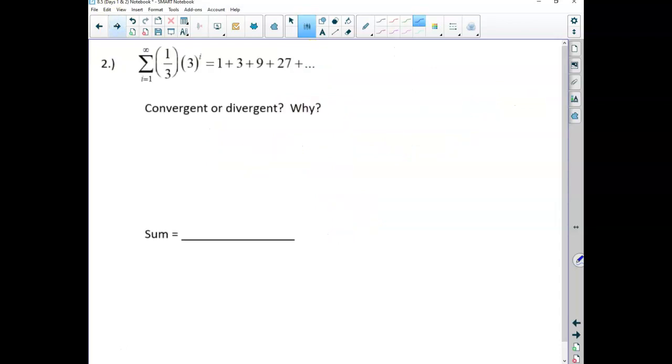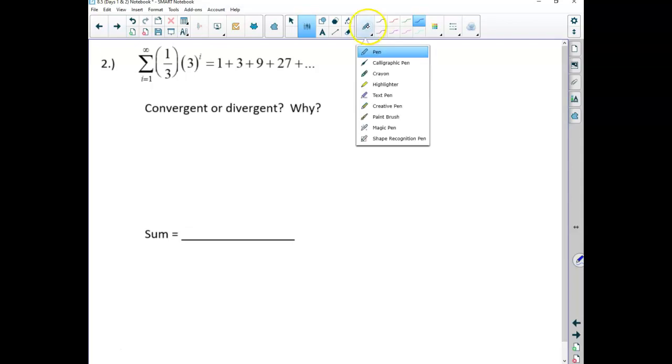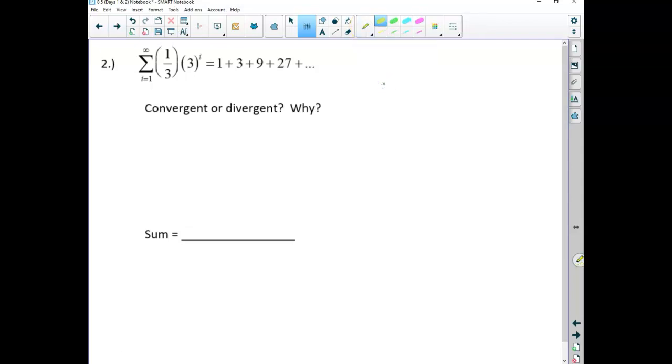How about this second one? Is this one going to be convergent or divergent? Well, that all depends on r. What's r? Remember, r is what the exponent is on, so r is 3. Convergent or divergent? I remember we said if the absolute value of r is greater than 1, it's divergent. So this one's divergent, because the absolute value of 3 is bigger than 1.